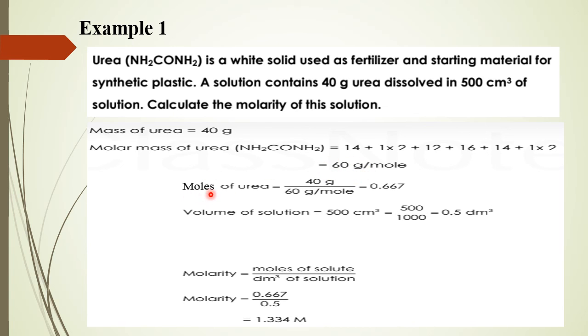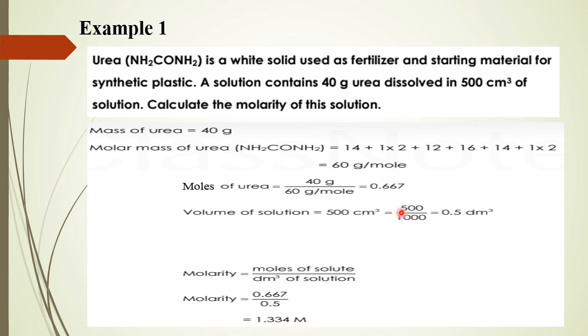Okay, now we have to calculate first of all the moles because we are using the formula of molarity, moles of solute divided by dm cube of solution. Moles of urea is mass divided by molar mass. 40 divided by 60, you get 0.667 moles. Now the volume of solution in the question is given in centimeter cube, and in the formula we want to convert it into dm cube.